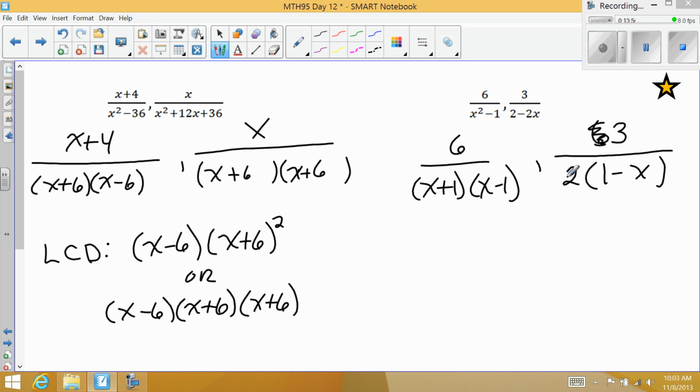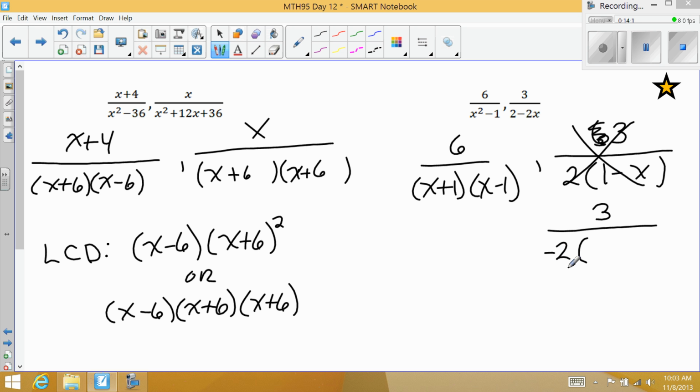So I'm going to back up here a second. This was kind of messy to begin with. Let's start over. Instead of factoring out a 2, I'm going to factor out a negative 2. If the factors are almost matching, but not quite, they're off by a sign, try taking out a negative and seeing what's left.